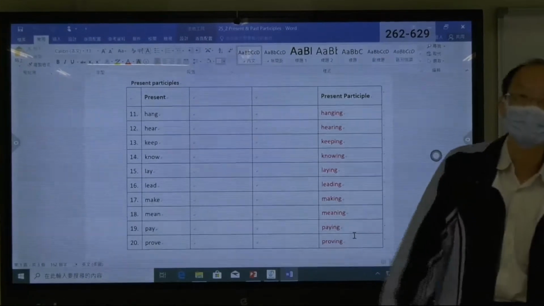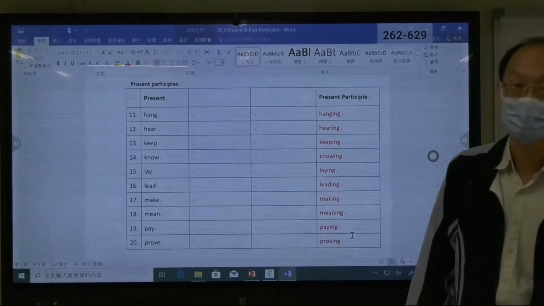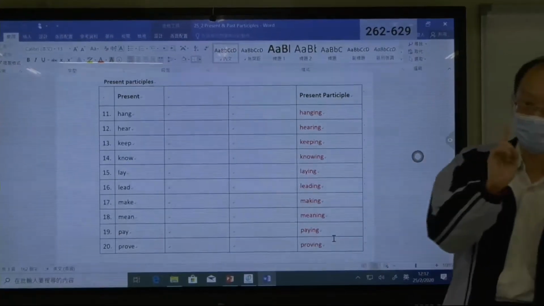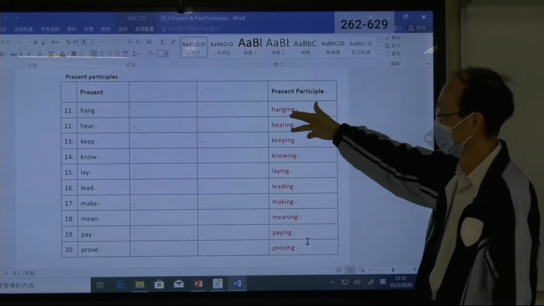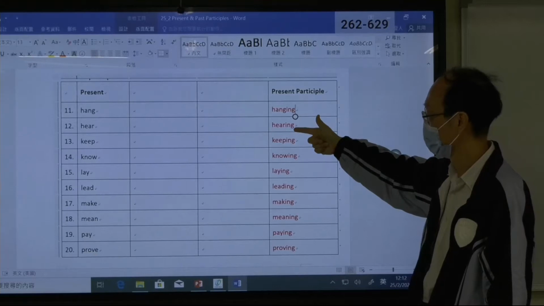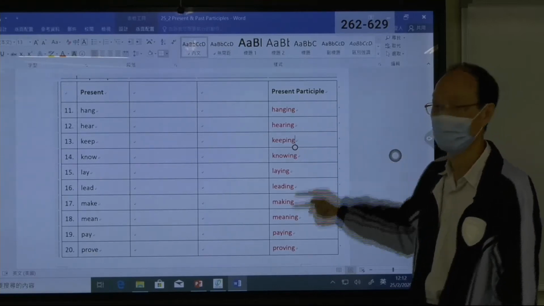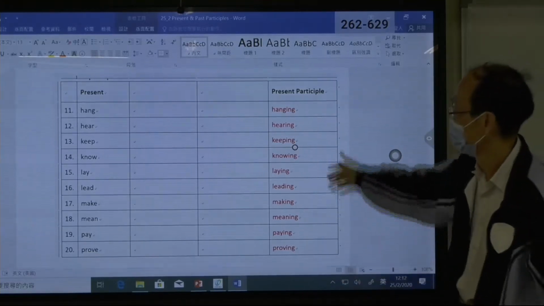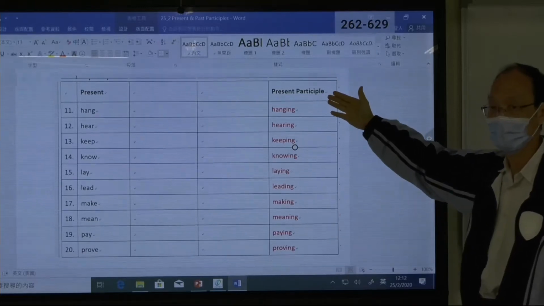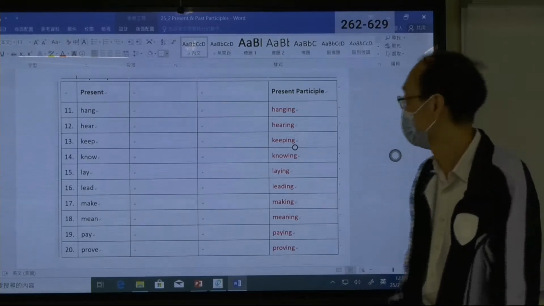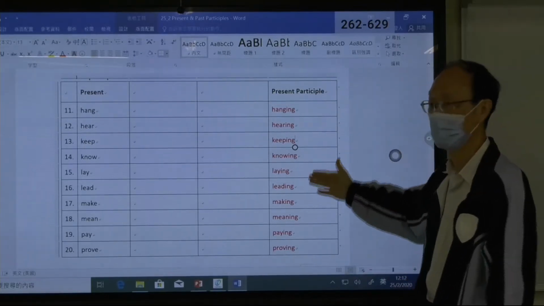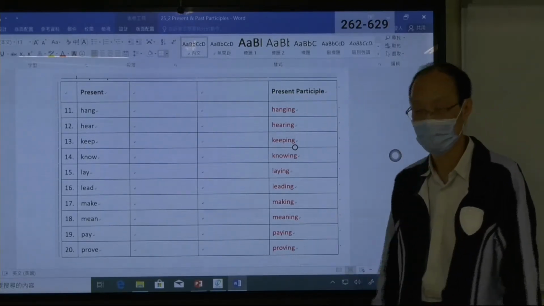What can you see here? Most things you can find in this column: hanging, hearing, keeping. All end in ing here.